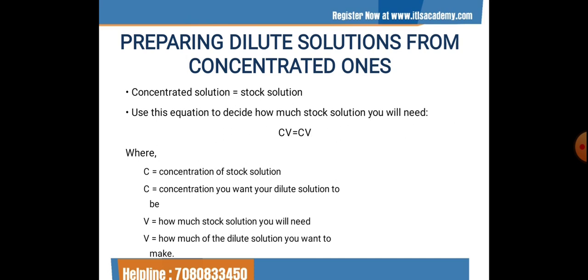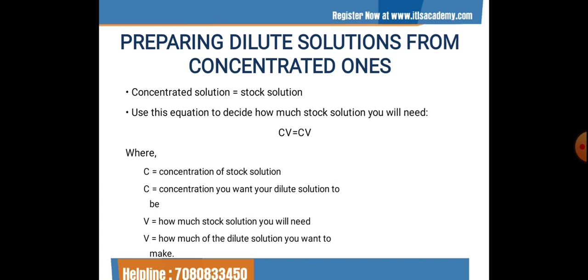For diluting this solution, we have a particular formula, C1V1 equals C2V2, where C1 is the concentration of the stock solution, C2 is the concentration you want your dilute solution to be, V1 is how much stock solution you will need to make your working solution, and V2 is how much dilute solution you want to make. Means V2 is the given quantity in which you want to make your solution from a stock solution.